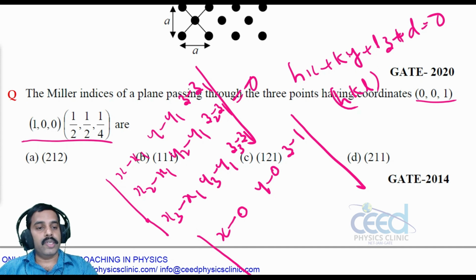Now the next row is x2 minus x1, that is 1 minus 0, and y2 minus y1, that is 0 minus 0, and z2 minus z1, that is 0 minus 1. All right, and the next entry is z2 minus z1, right?